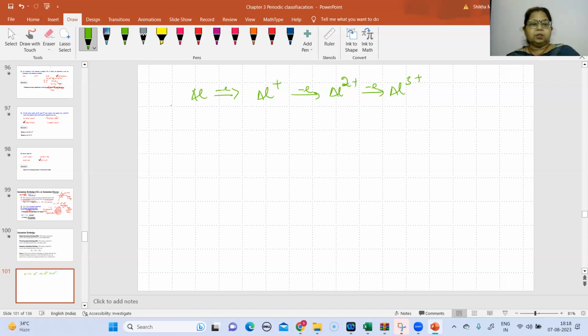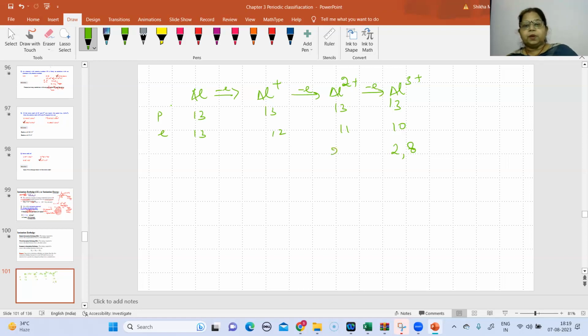If I talk about the proton and electron, can somebody tell me what is the atomic number of aluminium? 13, good. All of them are going to have 13 protons. It will have 13, 12, 11, and 10.